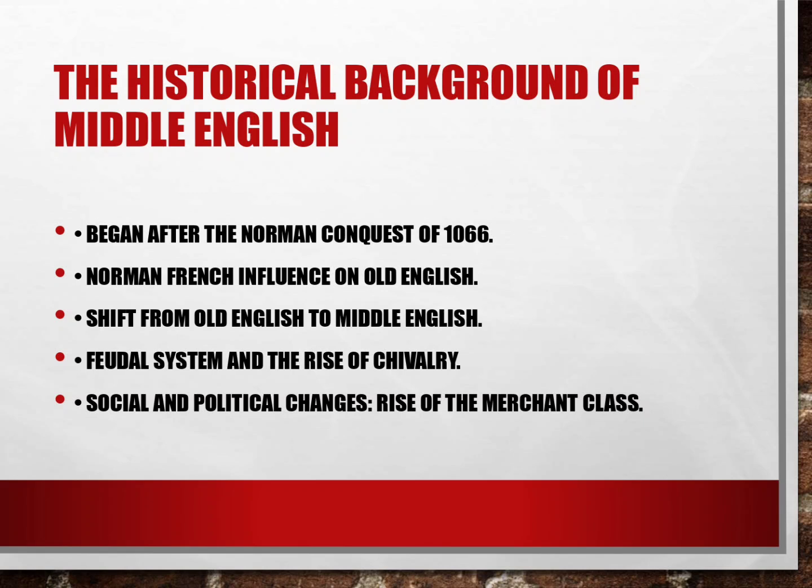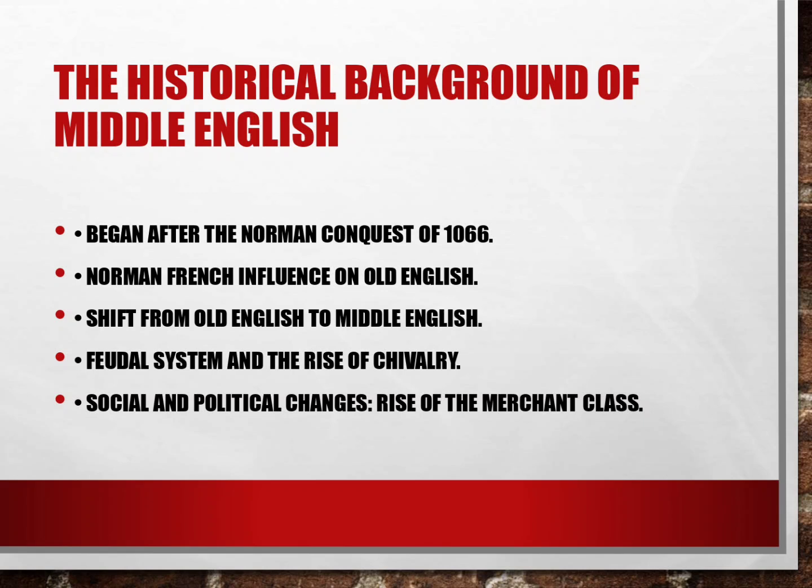The first one was feudalism. The Normans introduced the feudal system to England, which structured society into a hierarchy of lords, vassals, and serfs. This system reinforced the division between the French-speaking elite and the English-speaking commoners. And another major change was the Hundred Years' War.